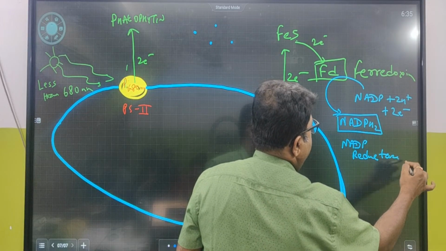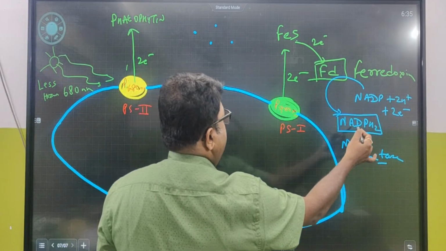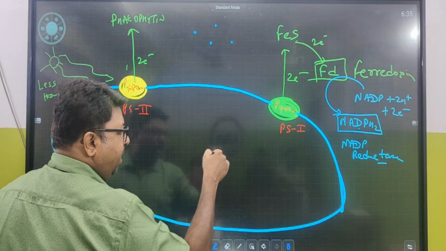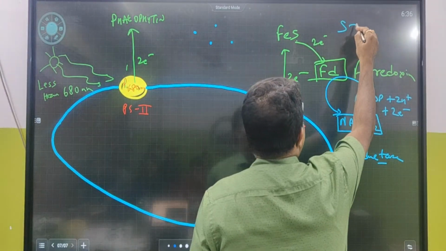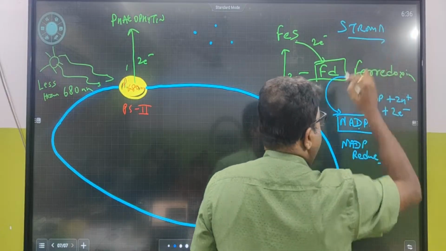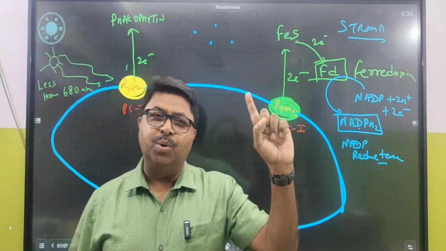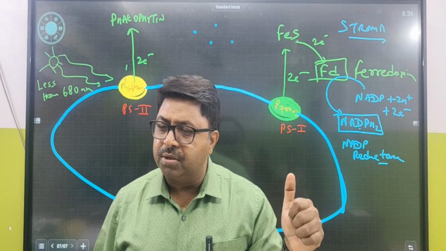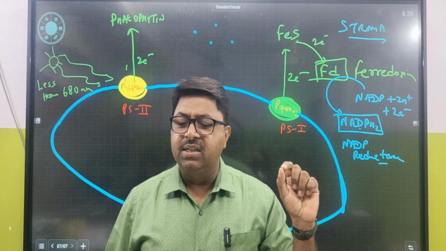NADP reductase. Ankita, tell me, has the formation of NADPH2 happened inside the granal thylakoid or outside, inside the stroma? Where was it formed? Mind you, this is an answer to a NEET question. The portion where NADPH2 gets formed is where?